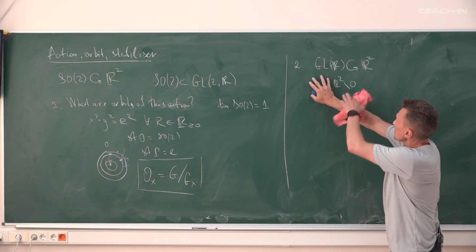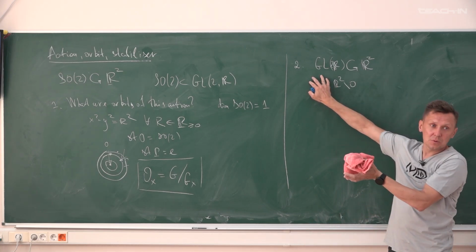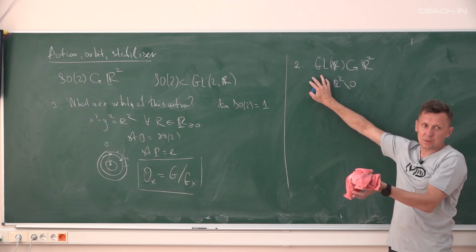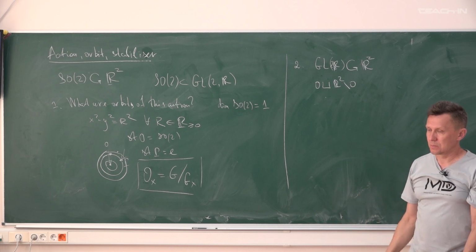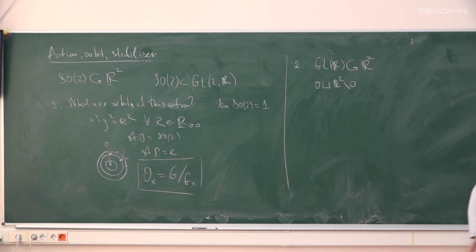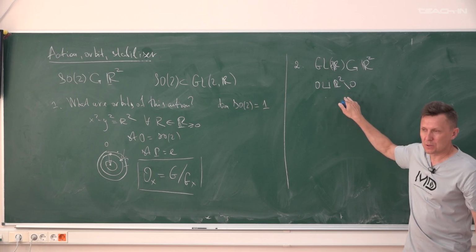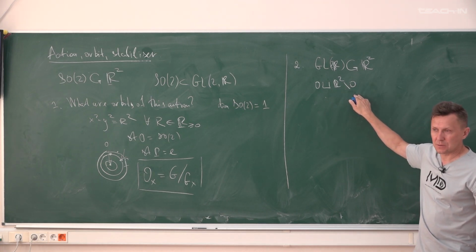So on this set R2 except 0, the action is transitive. We should demonstrate it, so prove this fact. To prove that this is transitive on this subset, so it's an orbit, and to find stabilizers.